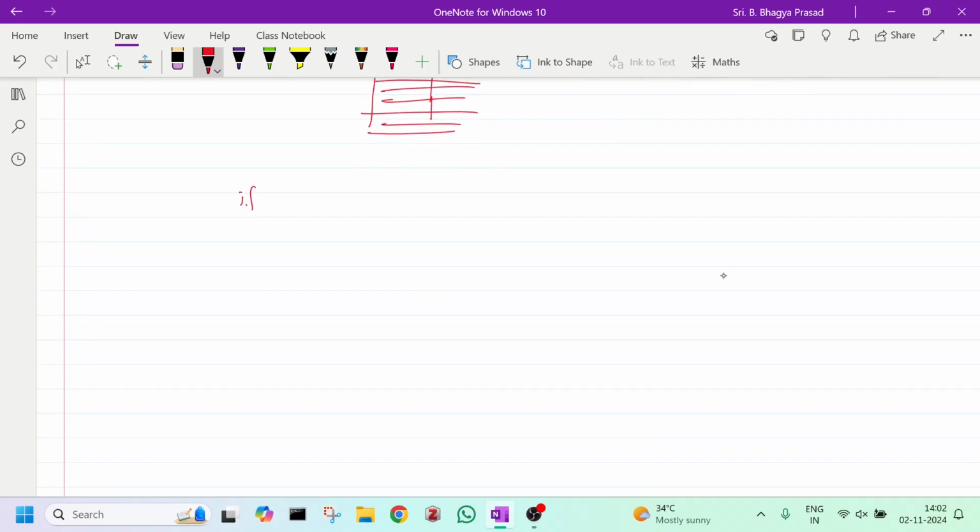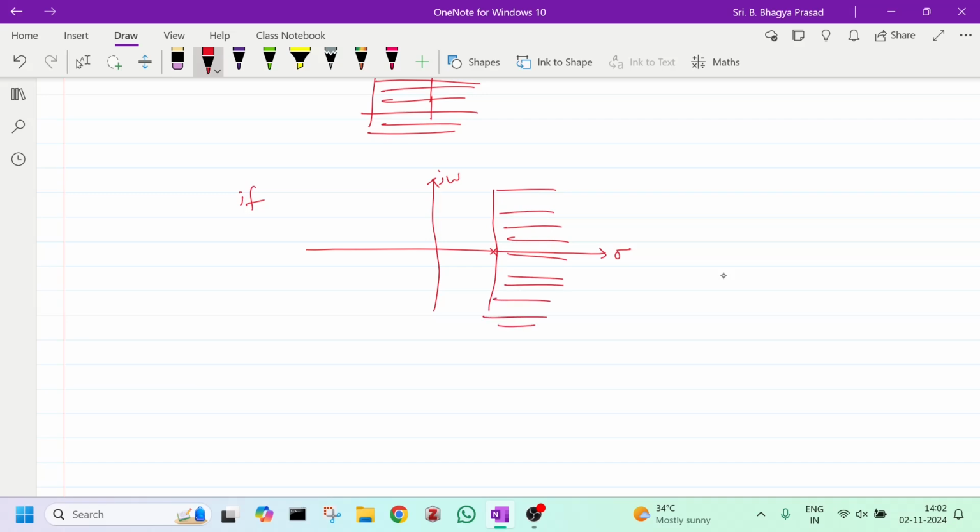If the ROC doesn't include the j omega axis, that is, if the pole is like this and this is the j omega axis and this is sigma, if the ROC is right side of this pole like this, this ROC doesn't cover the j omega axis. So X of omega, that is the Fourier transform, doesn't exist.